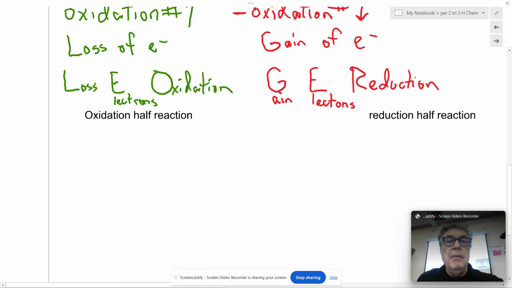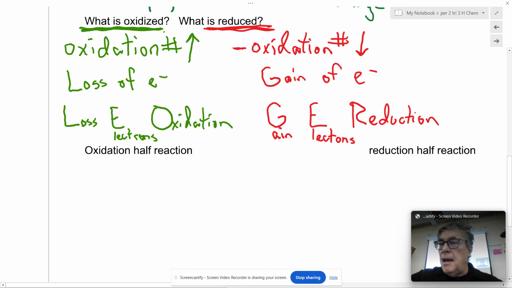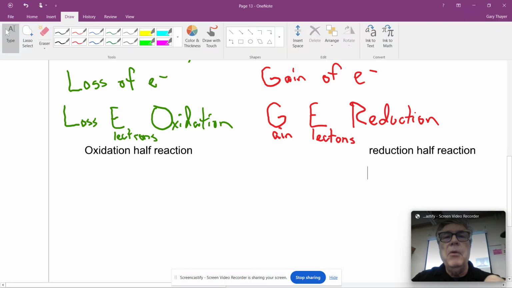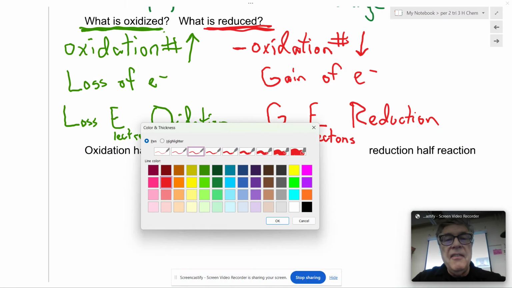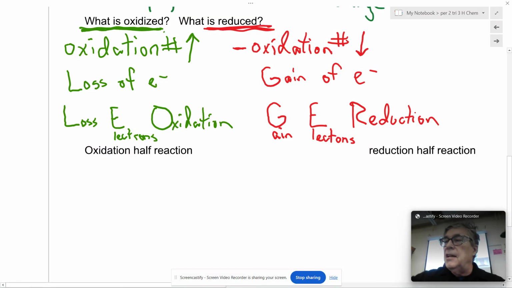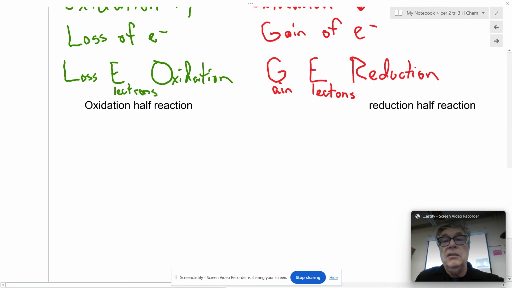And so I'm going to change to a color of black at the moment because I'm not doing either reduction or oxidation. This is the entire reaction. So I'm going to write it all the way across here, and then we'll look at oxidation and reduction in this reaction.